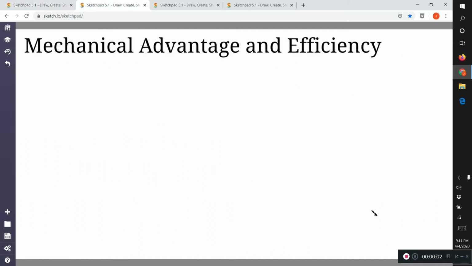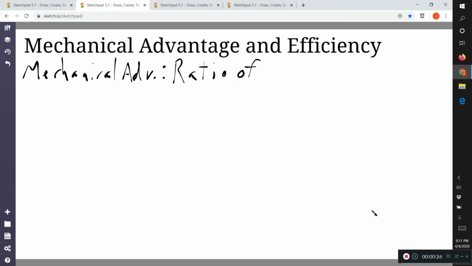So the reason we use machines is to change the magnitude or direction of force. So we have specific terms that we like to discuss when working with this. The first is mechanical advantage. Mechanical advantage is the ratio of output force to input force.